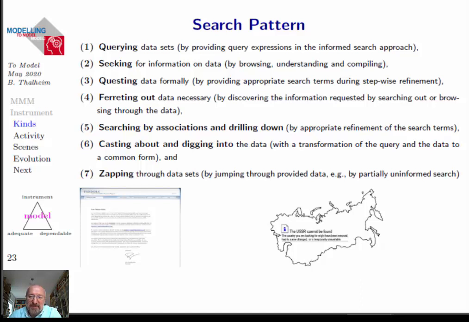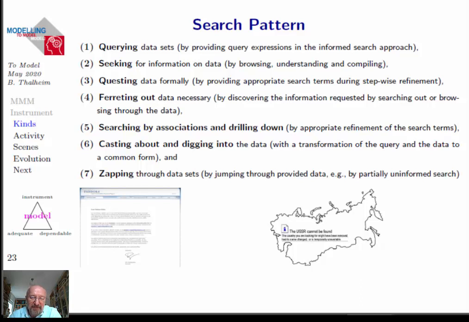Querying is the best thing we do in our database area. It can also be seeking for information on the data, for instance. It can also be questing data formally. It can also be ferreting out data that are necessary for some process, or searching by association and drilling down, or casting about and digging into the lake of data, or simply zapping.